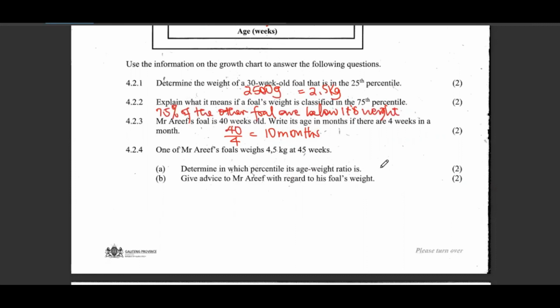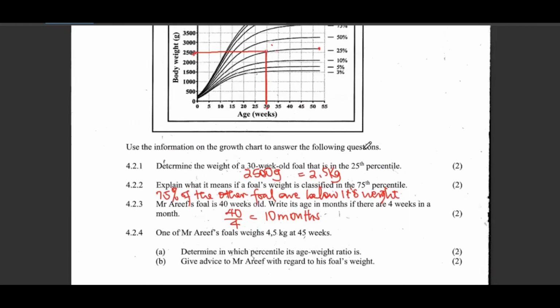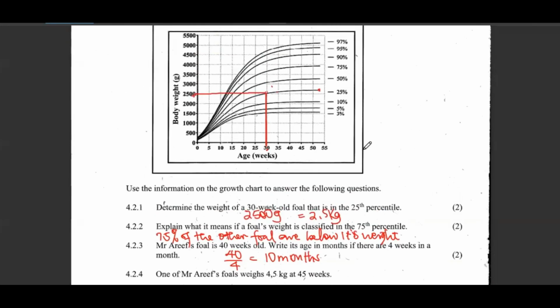Mr. Fowl's hen weighs 4.5 kg at 45 weeks. Determine which percentile. At 45 weeks, 4.5. So we shall come here, 45 weeks.